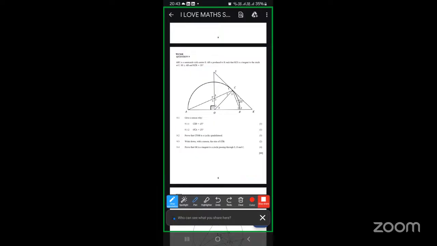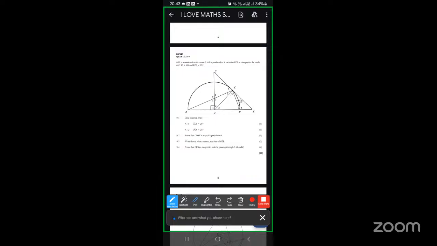Yes. Okay. So now here we want to prove that CTOB is a cyclic quadrilateral. In order to prove that anything is a cyclic quadrilateral, you first need to know the properties of a cyclic quadrilateral. Do you get that part?